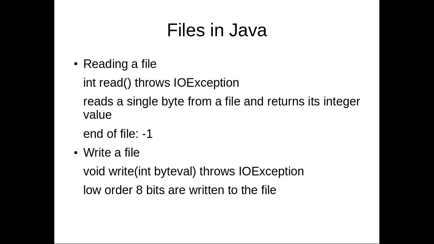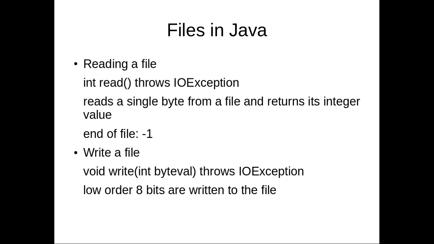So for reading a file, you have to use read. When the read statement is executed, a single byte of data is read, and if you are writing, a single byte of data is written. If you are reading a file, it's a single byte, and upon reaching the end of the file, it will return -1.